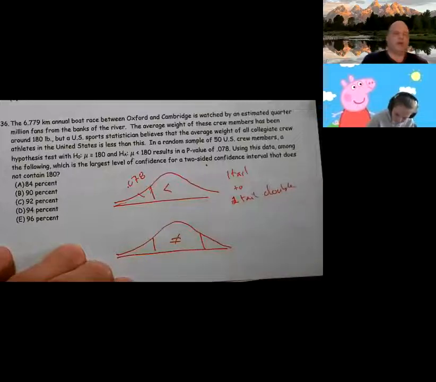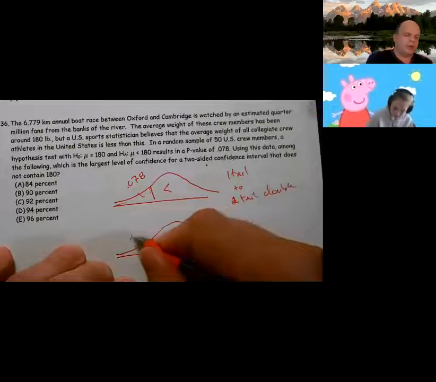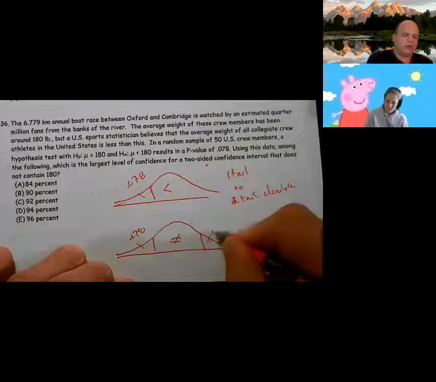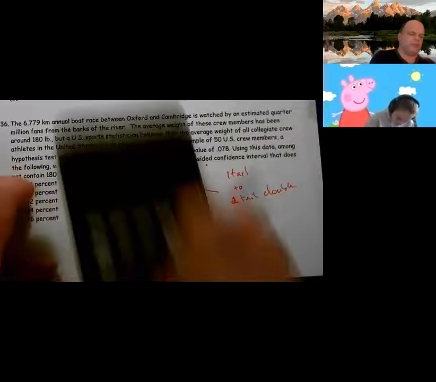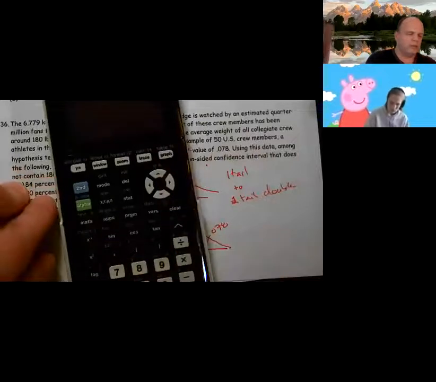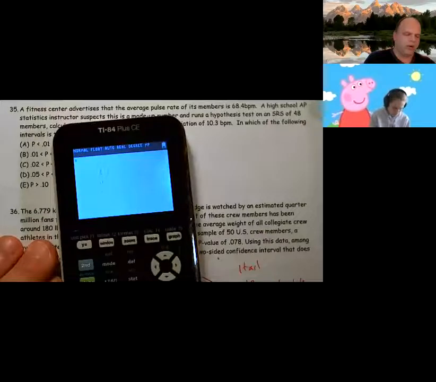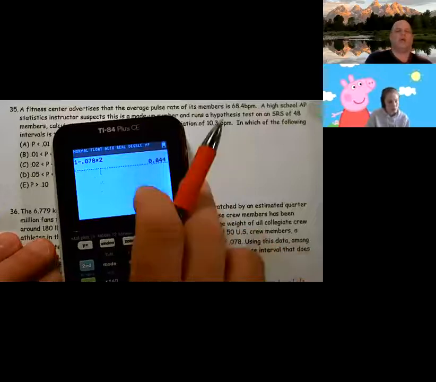So double your p-value. So that means I'm going to have a 0.078 here and a 0.078 here, and I need to find out what's left in the middle. So what's left in the middle is 1 minus 0.078 times 2, 0.844.